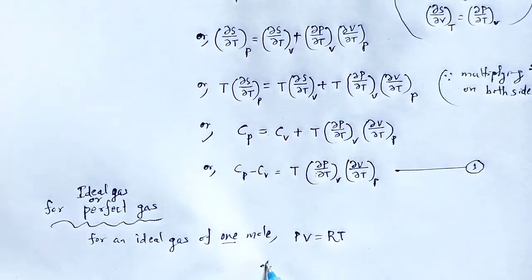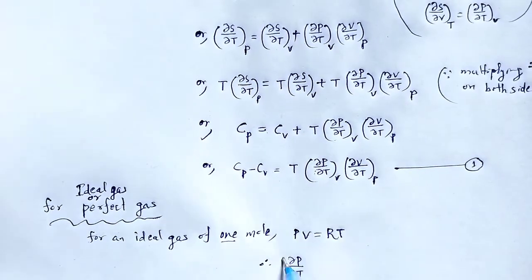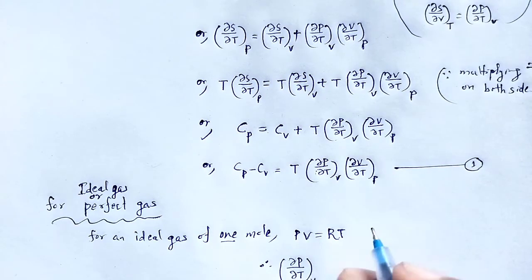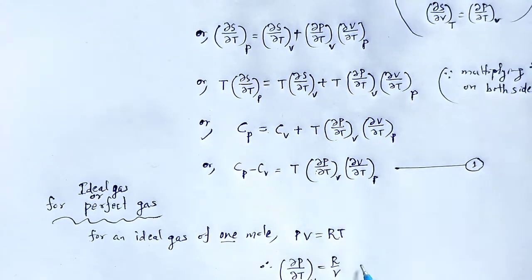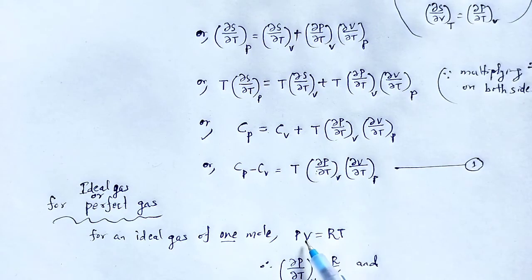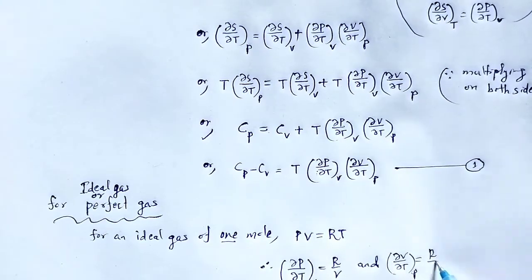So del P by del T at constant volume will be R by V, and del V by del T at constant pressure, differentiating with respect to T, we get R by P.